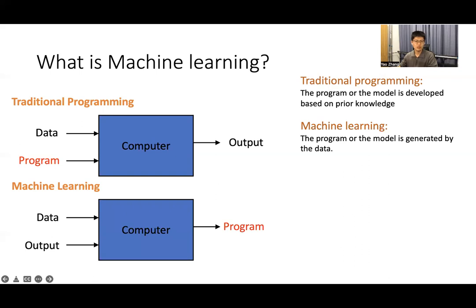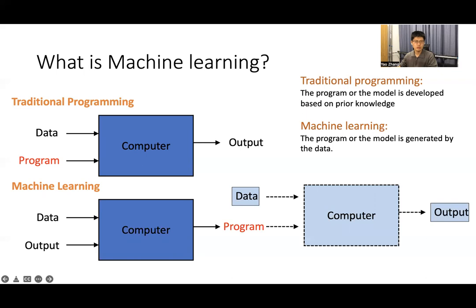We have the data, we have the output, we give them to the computer and let the computer generate a program. With this program and some new data, we can use the computer for the predictions. This is similar to a learning process, and that's why we call this machine learning. We obtain knowledge from observations. It is natural that humans can do this because we have a brain and we can think.